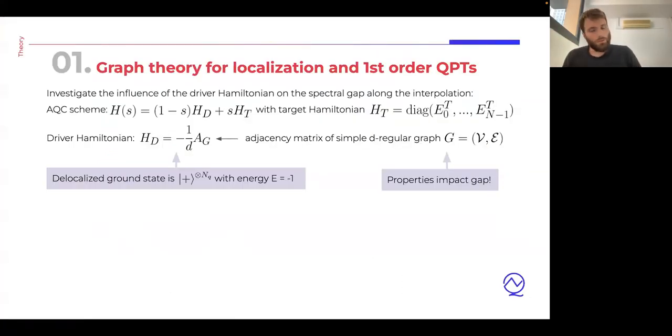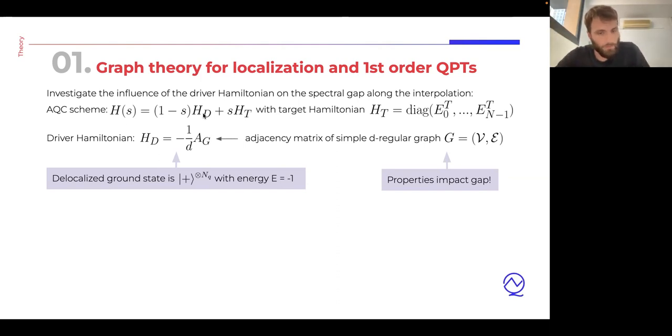So first, to kick off, how do all these terms from the title tie together? We're looking at the adiabatic quantum computing scheme, which I'm sure most people here will be very familiar with. Essentially, we have a Hamiltonian that is parameterized by some interpolation parameter S, and we interpolate between two Hamiltonians. One is called the driver Hamiltonian or the initial Hamiltonian.